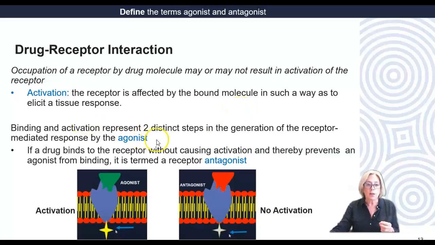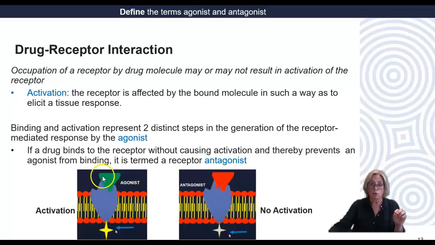Binding and activation then represent two distinct steps in the generation of the receptor-mediated response by the agonist. If a drug binds to the receptor without causing activation and thereby prevents the agonist from binding, it is termed a receptor antagonist.